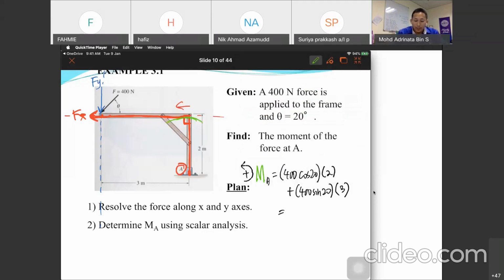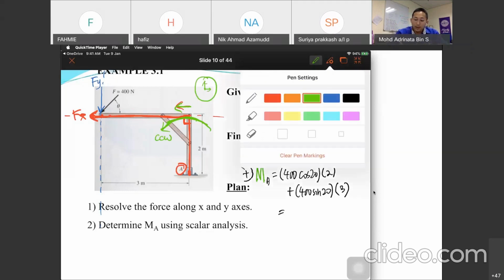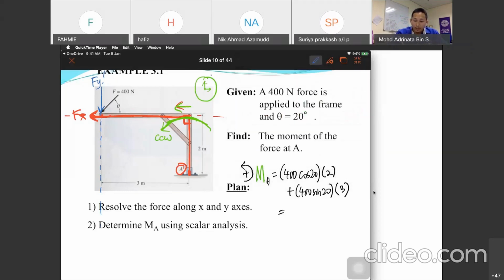Okay, so that way is counterclockwise. Okay, remember your watch. Your watch moves in the clockwise direction. This is clockwise direction.